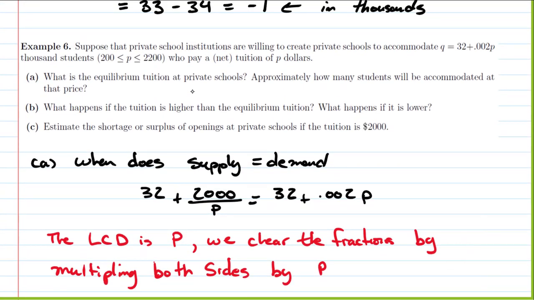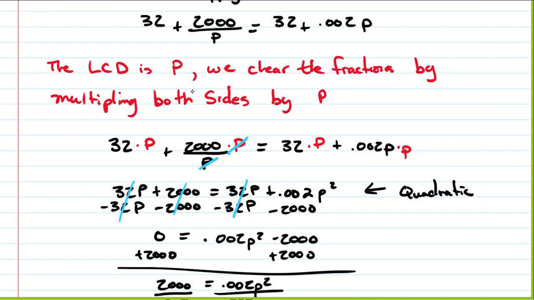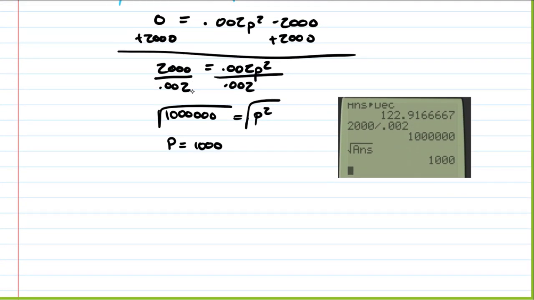We know that they should be the same, so if we use Q equals 32 plus 0.002p, Q of 1,000 is equal to 32 plus 0.002 times 1,000.